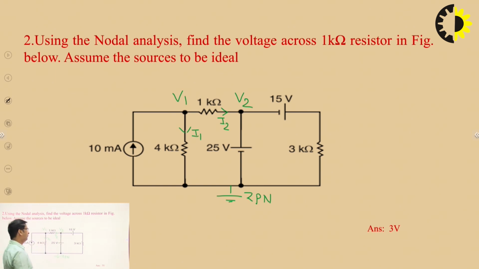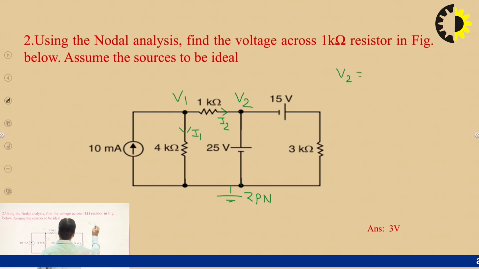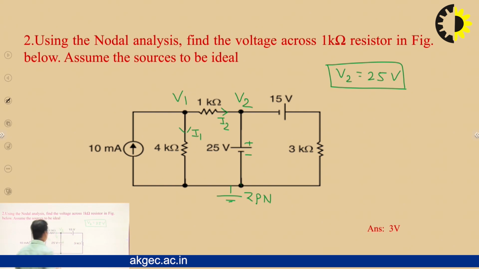Now by just looking at the circuit, at V2 there is a direct voltage source connected. That means V2 is equal to 25 volt, positive, because this side is positive and this is negative. This information is given to us from the circuit.